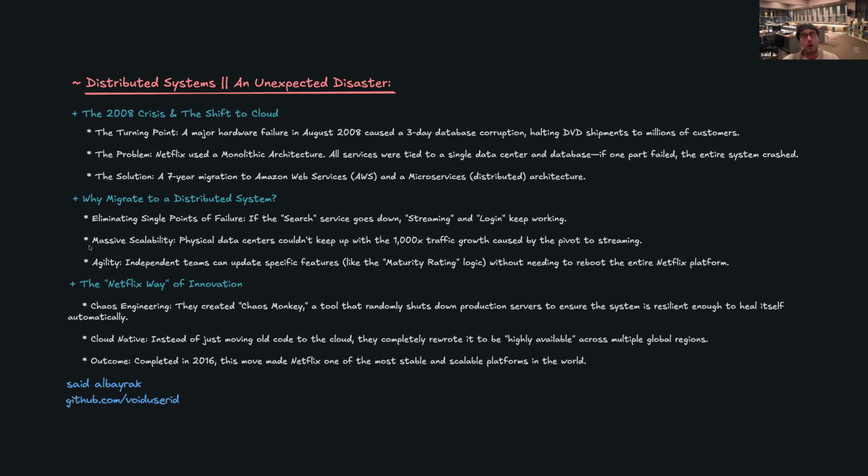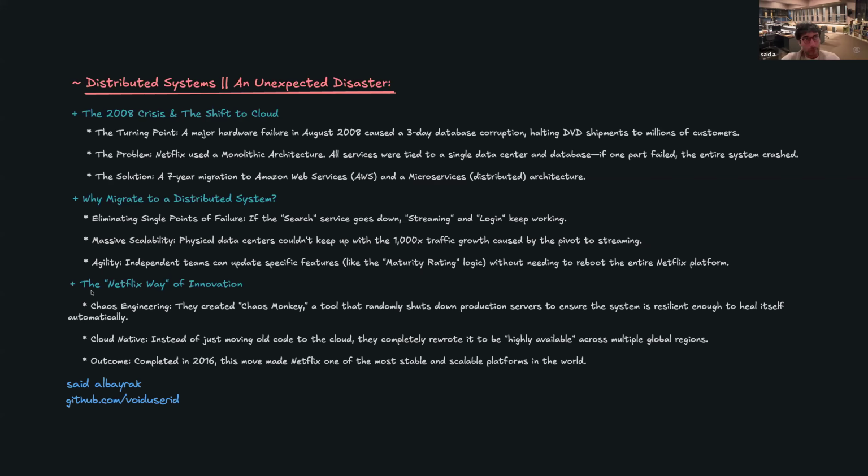The other opportunity here is scalability, because they have different types of clients, regions, countries, continents. So they need to be able to scale rapidly. And the other one is agility. Independent teams can update specific features without touching other business logic or operations, right?